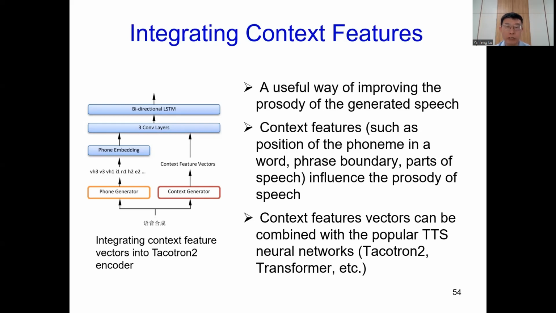If we can integrate this kind of context features, then we will make the modeling task easier. In this way, we can improve the prosody of the generated speech from the neural TTS systems. And this is a general approach. Actually, this can be applied to many of the new acoustic models, including Tacotron 2 and Transformer.